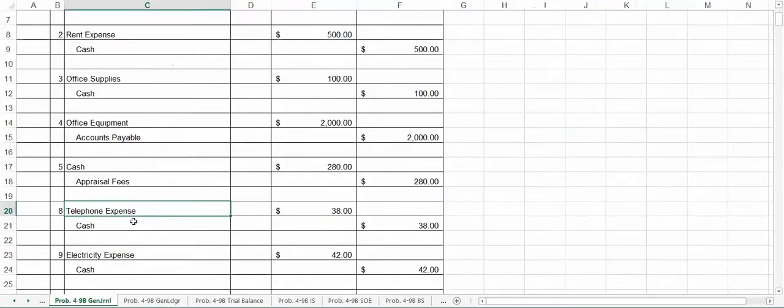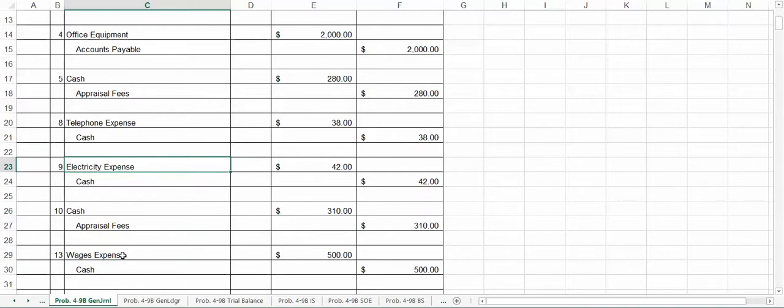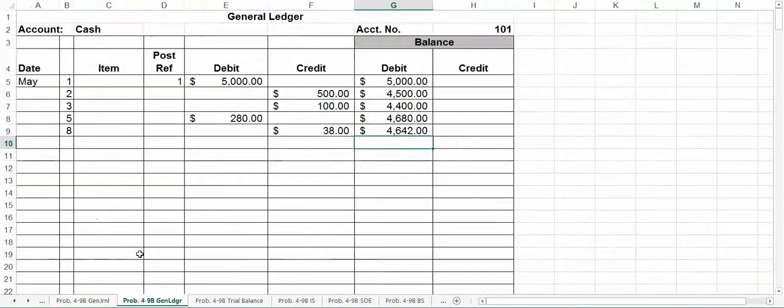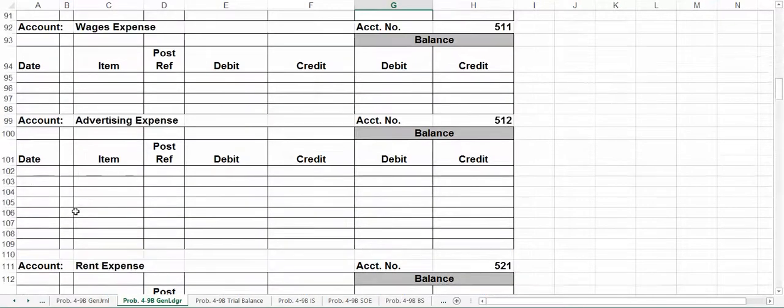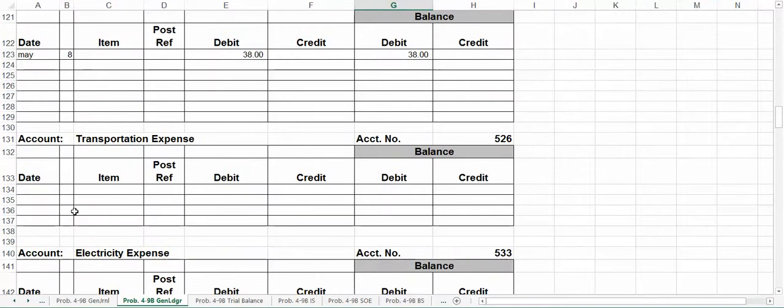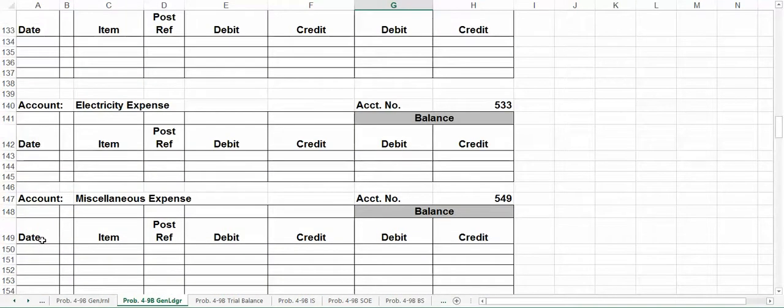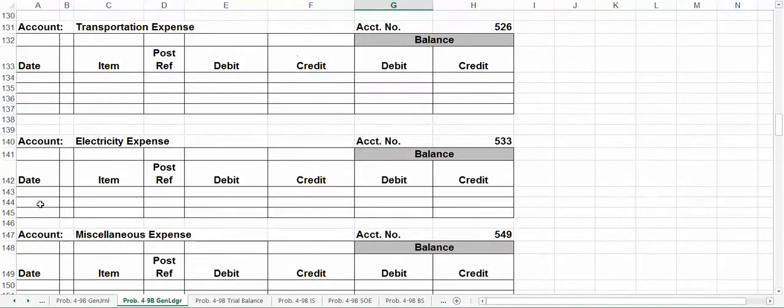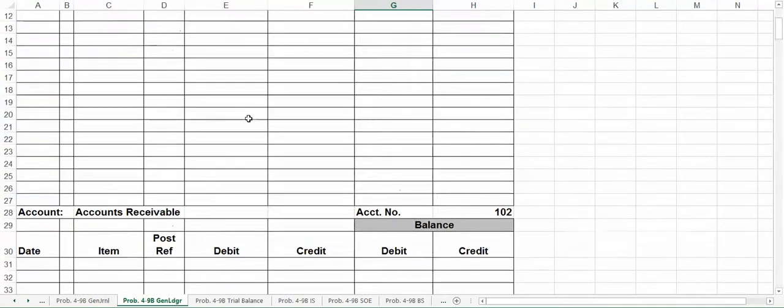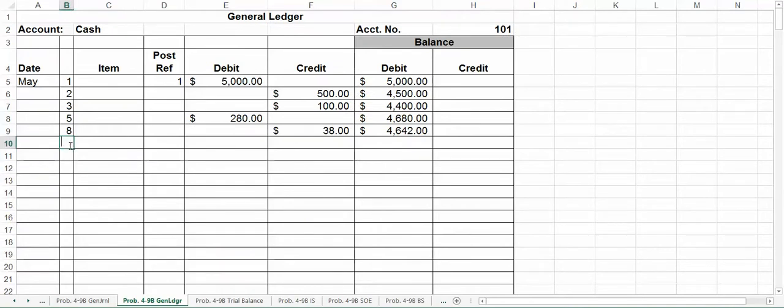Okay, the next one is electricity for $42 on the 9th. And then again, we're going to go back up to cash on the 9th. So that makes it $4,600 even.